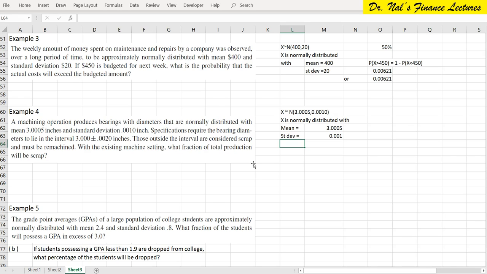What is the desired probability? It is 1 minus the probability inside that range.